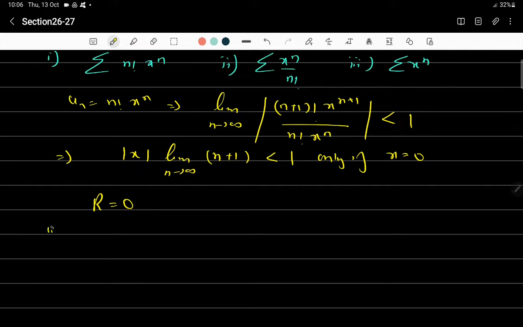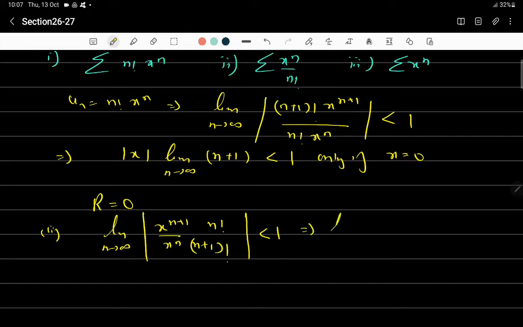The second case is the limit as n tends to infinity of x raised to the power n plus 1 by (n plus 1) factorial, divided by x raised to the power n by n factorial, and this should be less than 1. This gives mod x outside, and the limit applies to 1 by n plus 1.